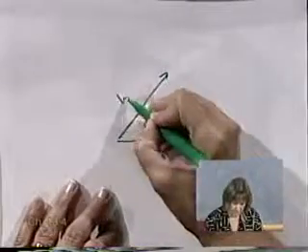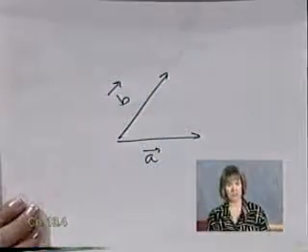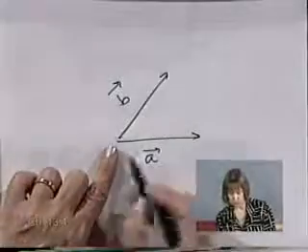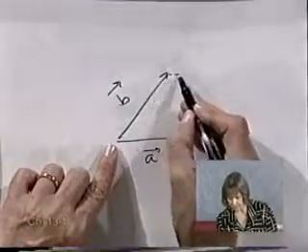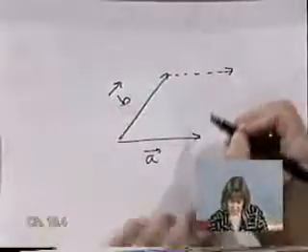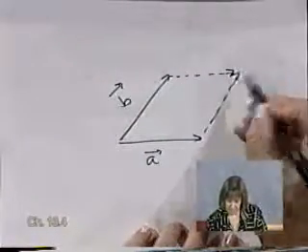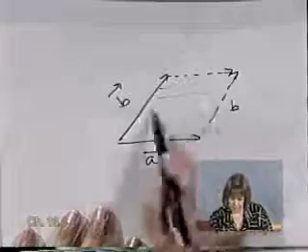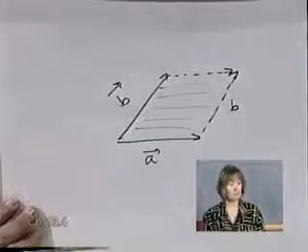So, what if I have vector A and vector B, and I look at those two vectors? Do you see that if I drew a vector parallel to A, same length as A, and parallel to B, I could make a parallelogram.